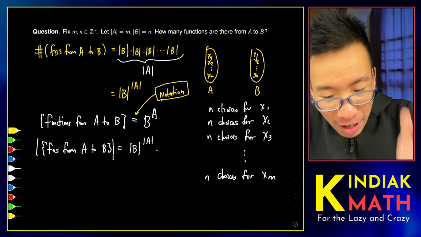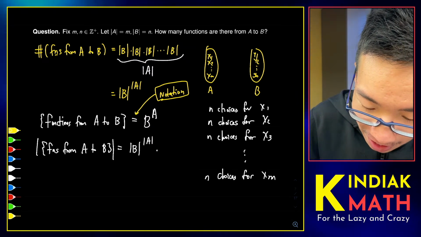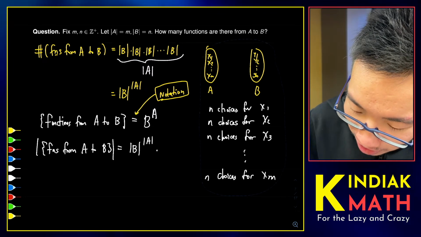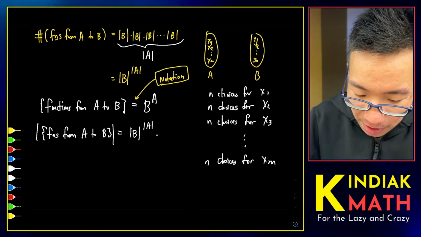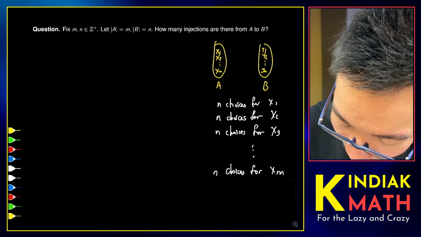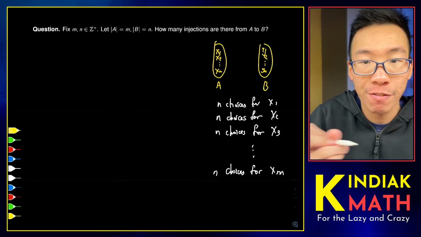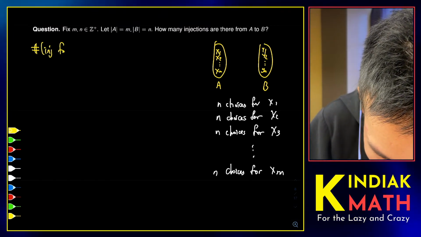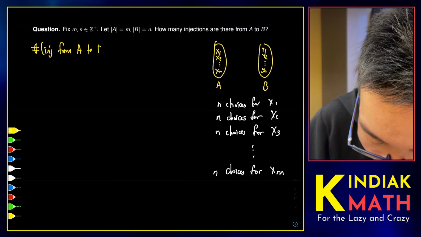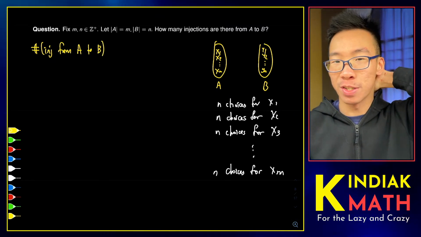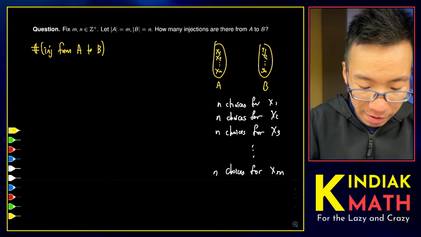So that's the number of functions from A to B, and now we can ask a very similar question, which is not the number of functions from A to B, but the number of injections from A to B. So once again, now we're not just looking at functions, we're looking at injections. And for the injective situation, this is where we need to be a little bit more precise.